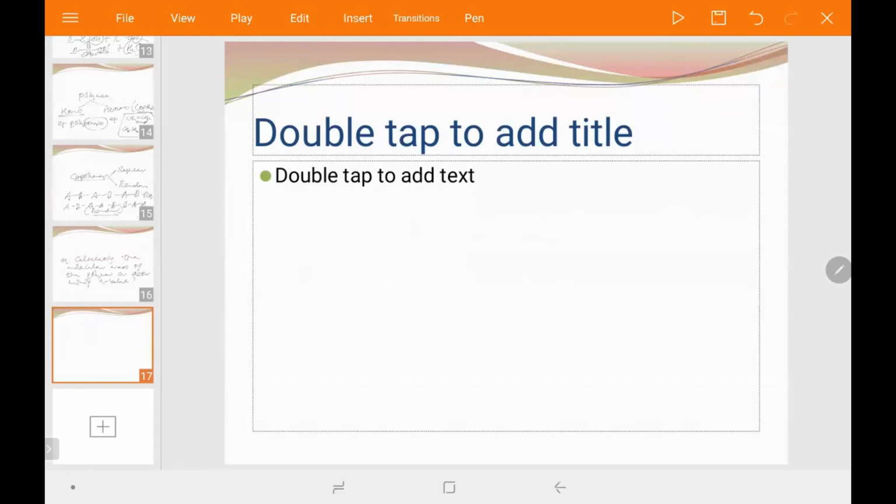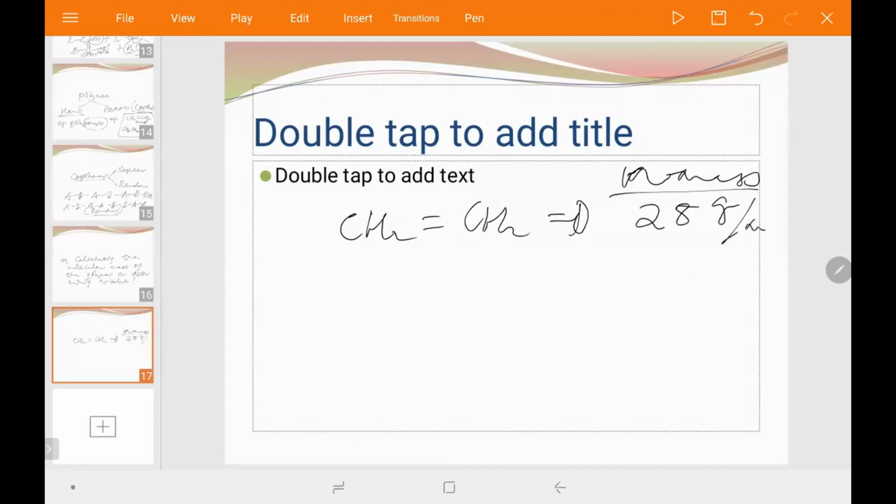How do we work out n? For example, take polyethylene. First, the monomer is ethylene, CH2=CH2. What is the molecular mass of CH2=CH2? You know that carbon is 12, 12 plus 12, 24, plus the hydrogens, so the molecular mass is 28 gram per mole.